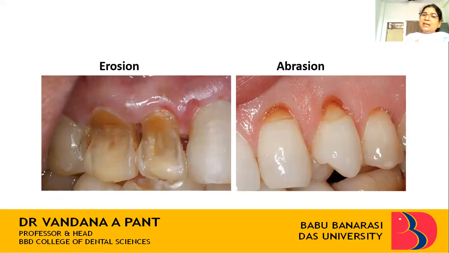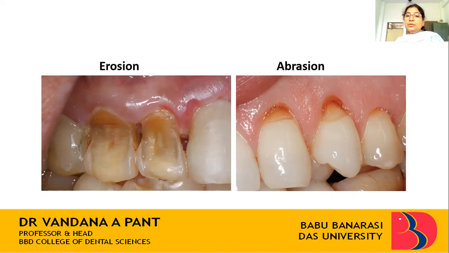And then abrasion. Abrasion is the mechanical method. Mechanical means if we are brushing the tooth vigorously, it results in some amount of tooth loss, which is saucer shaped and more on the cementum surface, not on the enamel. Erosion occurs more on the enamel and abrasion occurs more on the cementum.